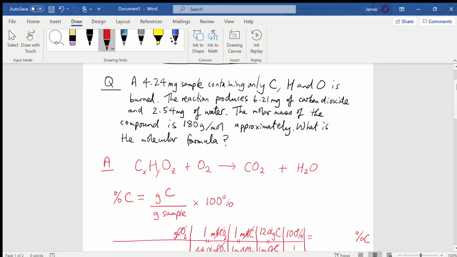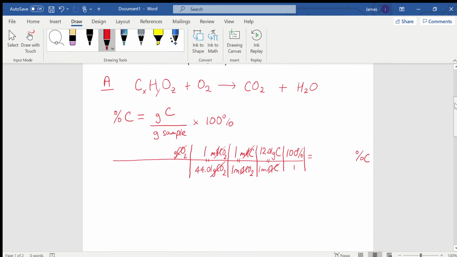To go from milligram to gram, we would have to divide by 1,000. So if I take 6.21 milligram, that would be 6.21 by 10 to the negative 3 gram.